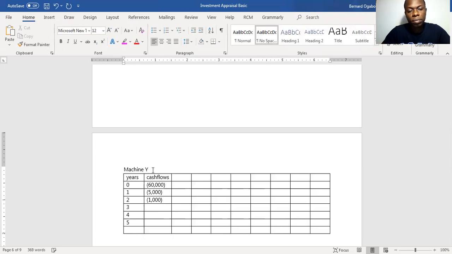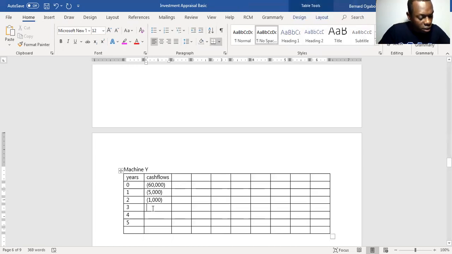Year 3 is 35,000. Year 4 is 40,000. Year 5, I'm going to put 50,000. It has a scrap value of 6,000, so I'm going to put 56,000.